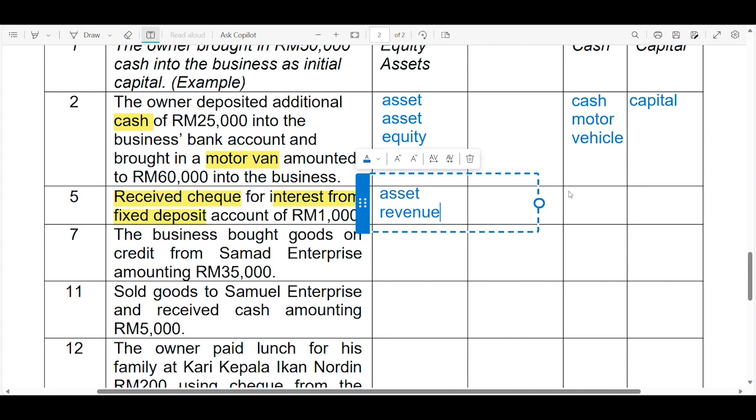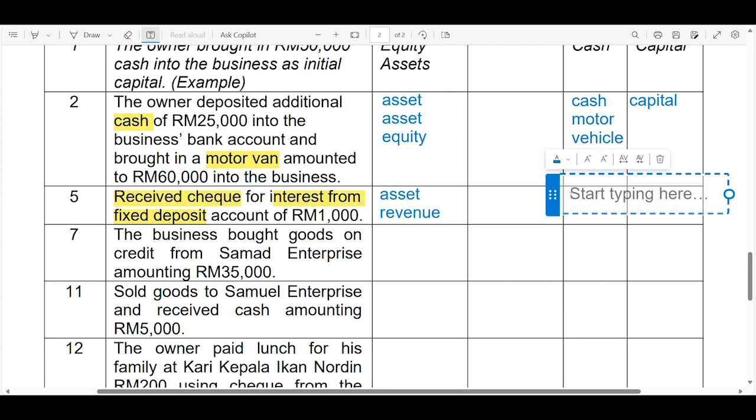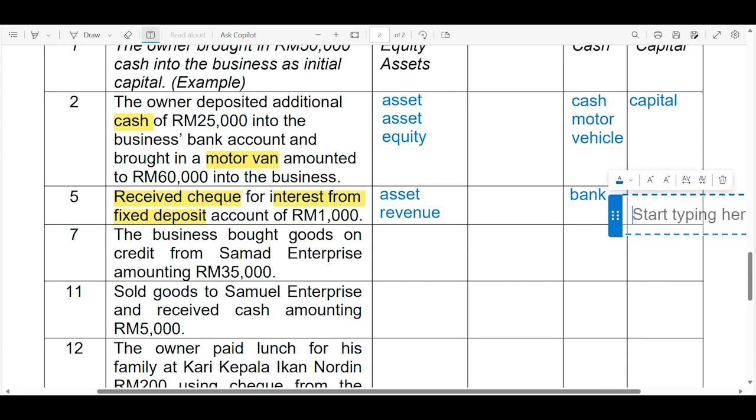So when you have an increase in asset, you will debit the asset account, but which asset account to be debited here? Receive check, meaning that there's an increase in cash at bank. So we debit bank. And then for the increase in revenue, we are going to credit the revenue account. What is the revenue that we receive here?